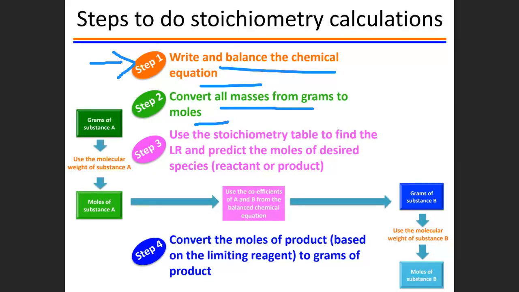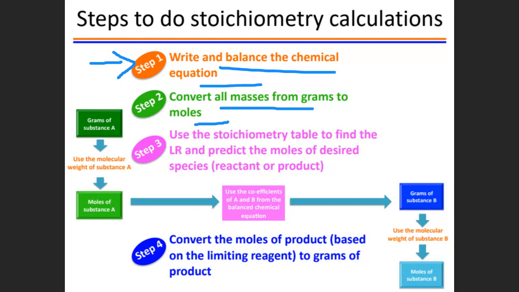That's why I told you that we need the knowledge to figure out quickly the limiting reagent and the prediction of moles of the desired reactant or product that we are asked about. Finally, step 4, convert the moles of product based on the limiting reagent to grams of the product. So mole to gram. We know how to do that, mole to gram.